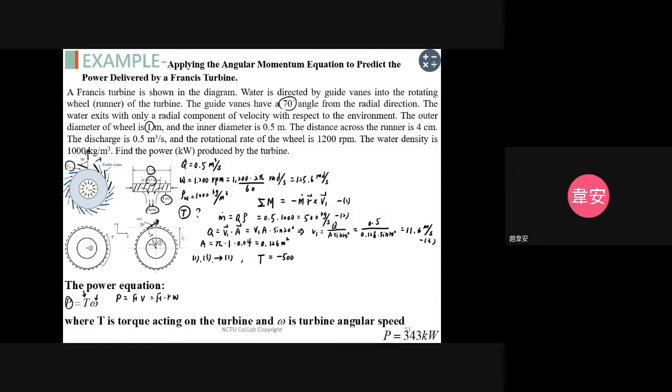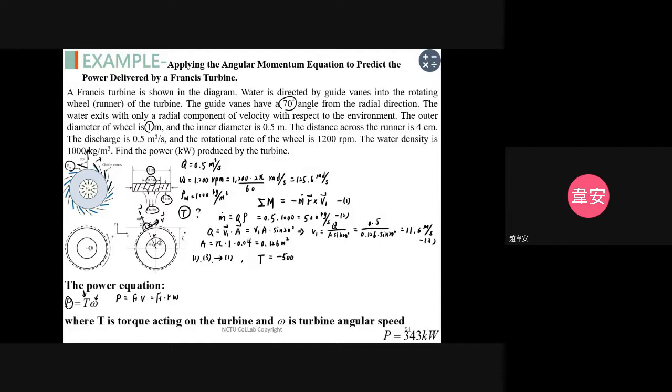This is our force arm. The force arm is along this direction, and we do the cross product of the position vector with the velocity vector.